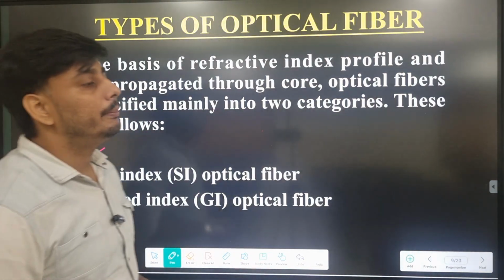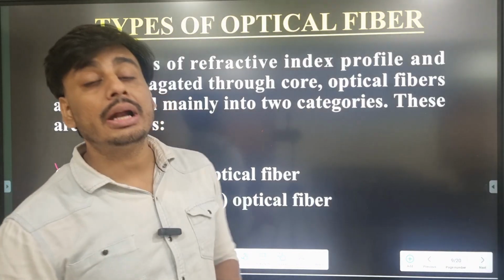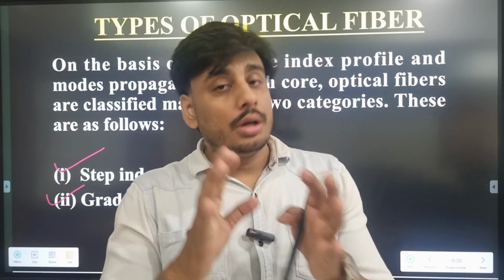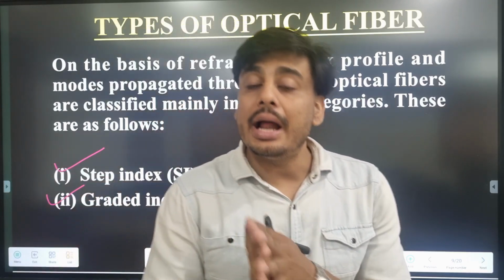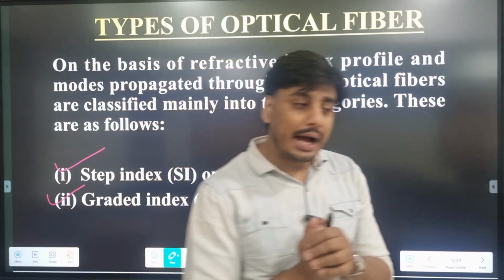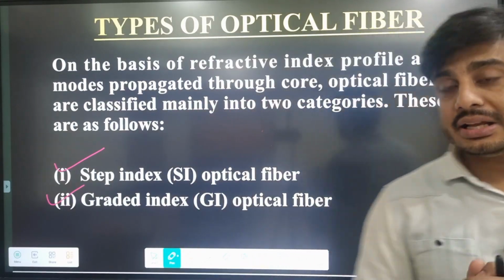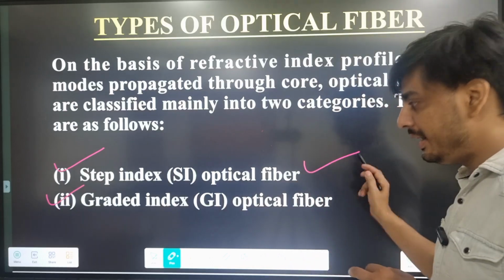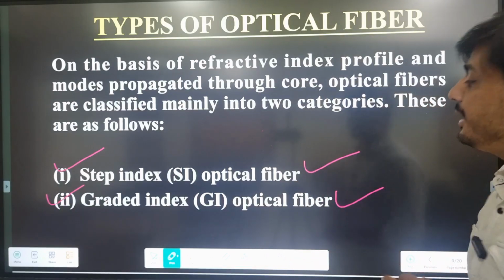This is on the basis of how the refractive index of core and cladding vary. The core has a higher refractive index, and the cladding has a slightly lower refractive index. Accordingly, how the refractive index varies between core and cladding makes them step index or graded index optical fiber.